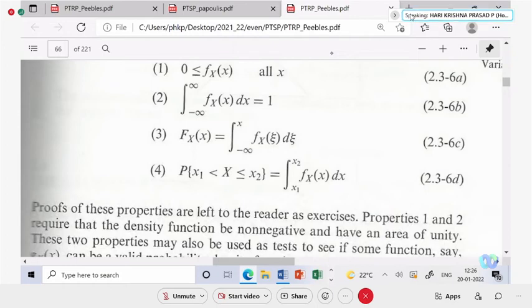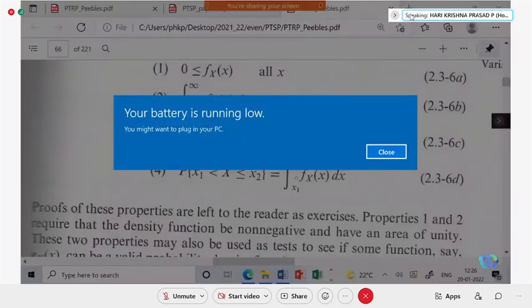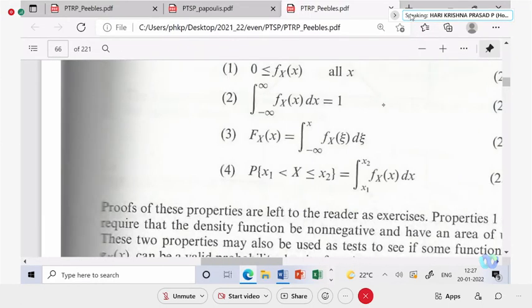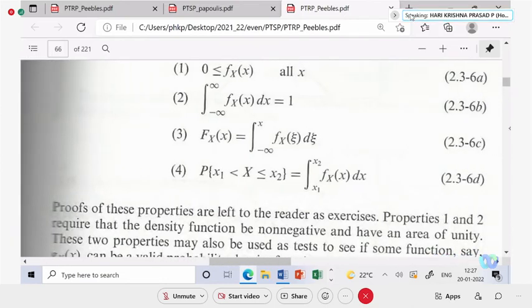In the fourth property, replace x1 by minus infinity and x2 by small x. How do I get property 3 from the fourth property? In the fourth property, let me replace x1 by minus infinity, x2 by small x. Then I will get the third property. Is it okay?